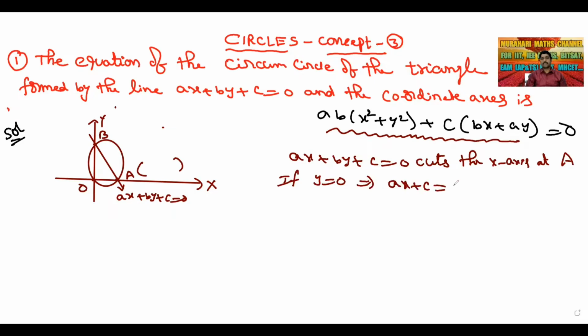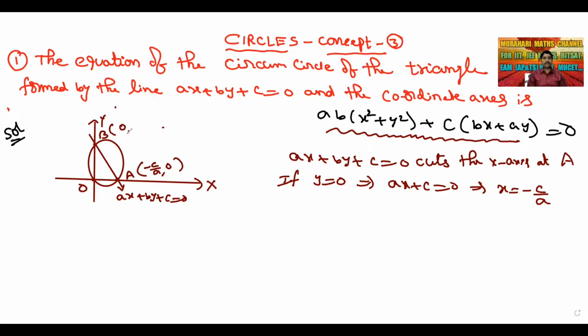Putting y as 0, ax plus c is equal to 0, so x is equal to minus c by a. So this point is minus c by a comma 0.